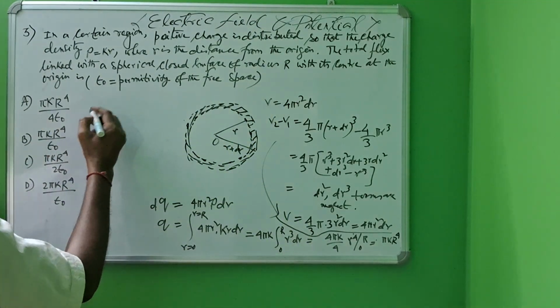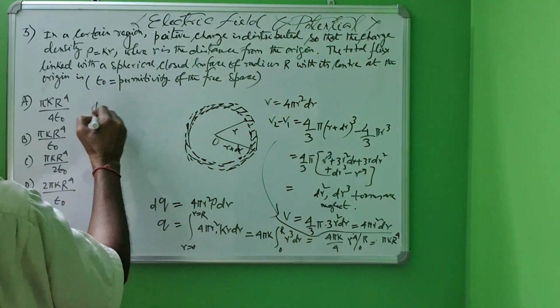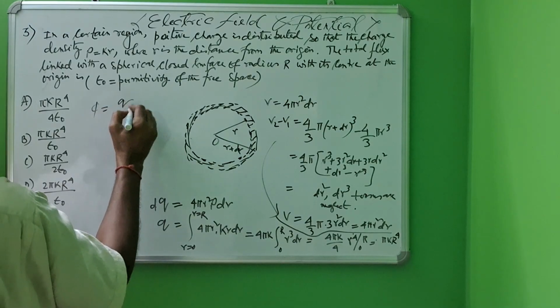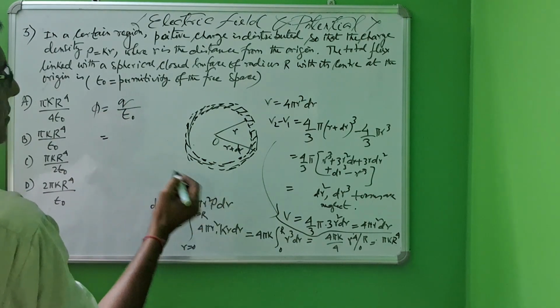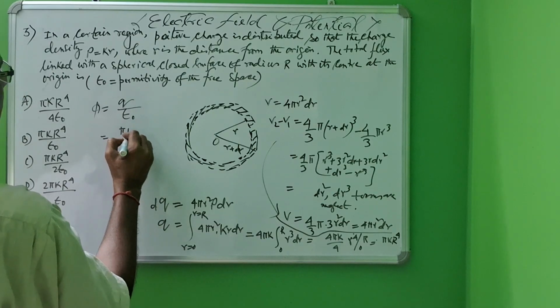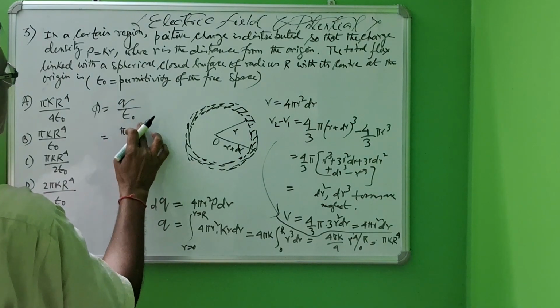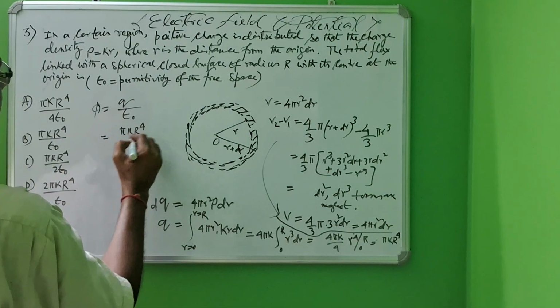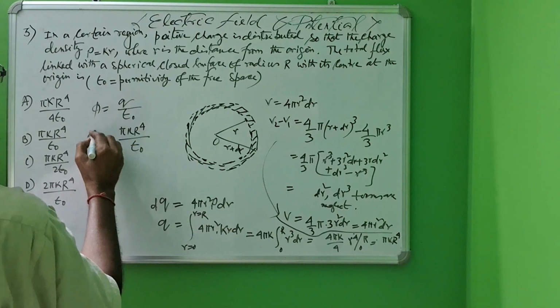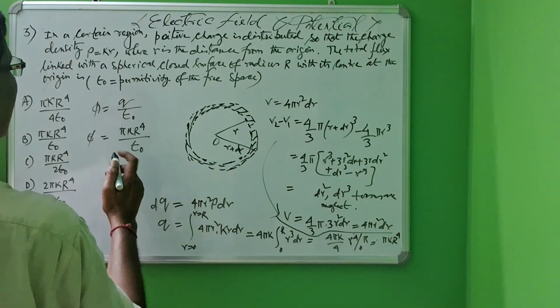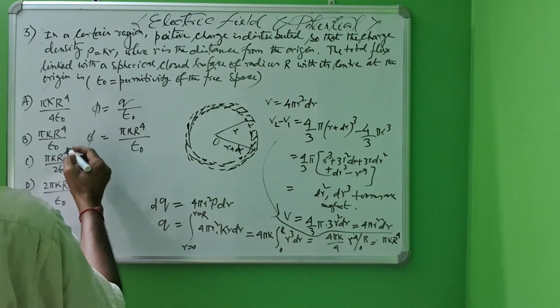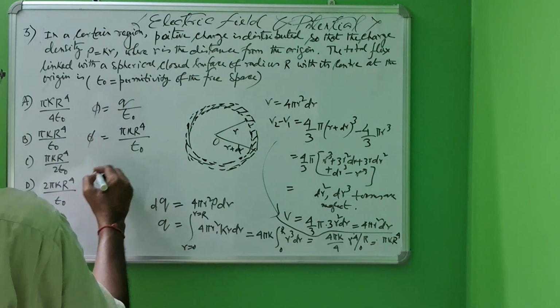Now total flux linked equals Q upon epsilon naught. So that is equal to pi k R to the power 4 upon epsilon naught. So the answer is B.